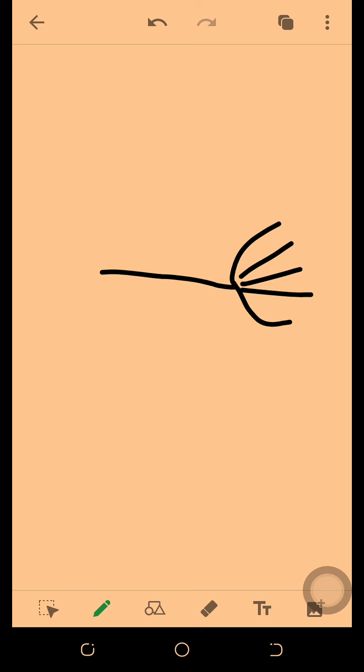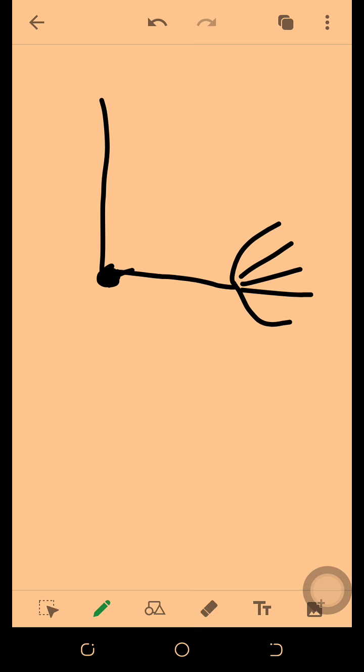Now, when we're talking about arms, let's say I have an arm this way. These are the fingers, then this is my lower arm, then the upper arm meets the lower arm this way. This is your elbow, the joint.